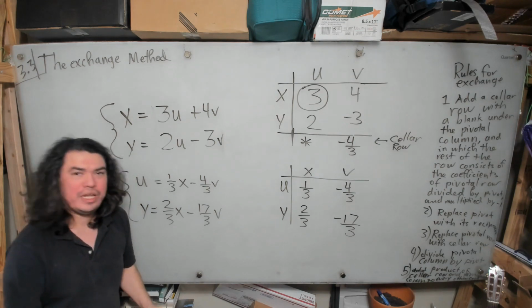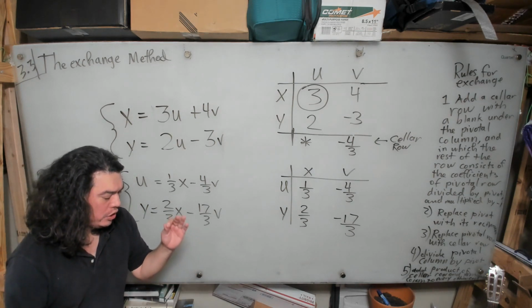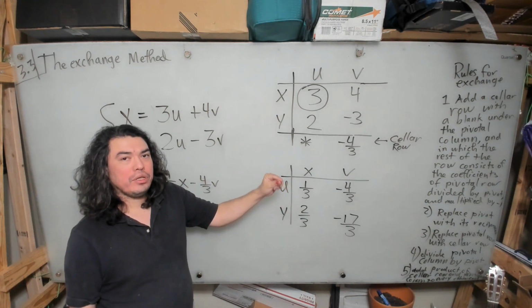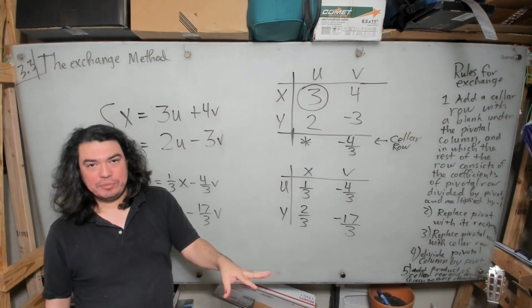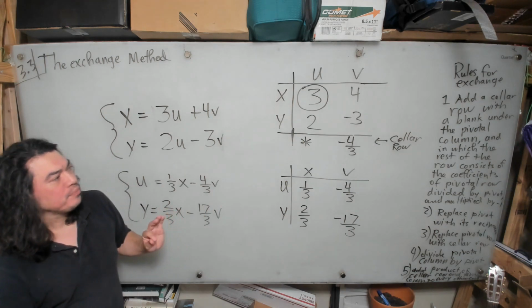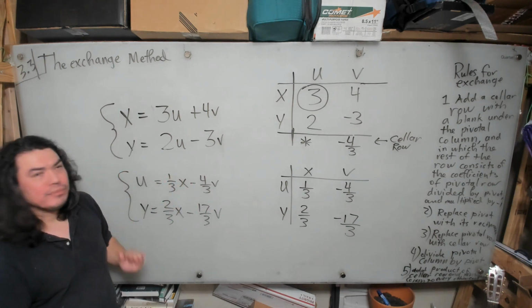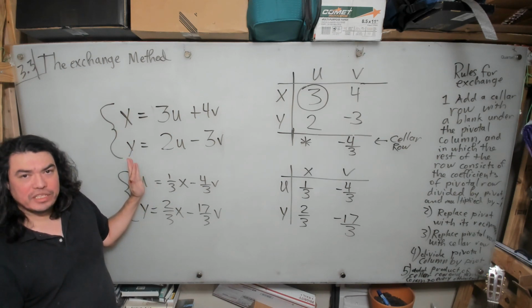What I want you to realize from this is that the rules for the exchange step that Walter Neff wrote down, don't take mine, take the one from his book because he wrote it much better, but this is good enough for us, is that he observed what happened when you solved a system.